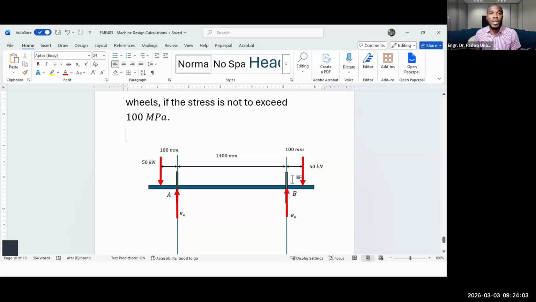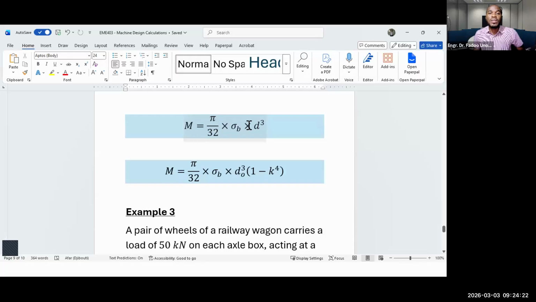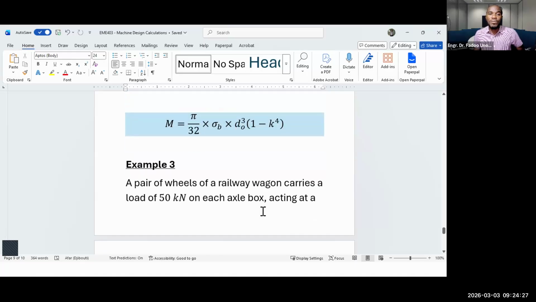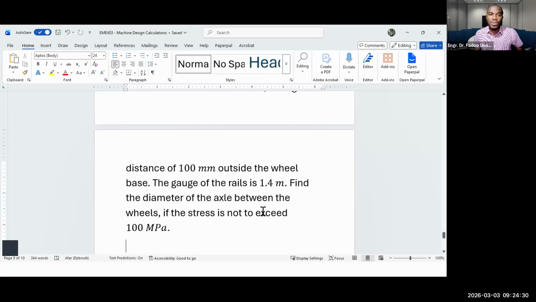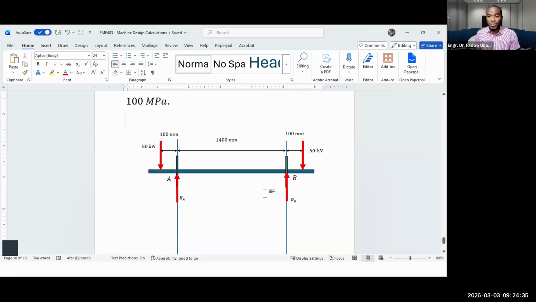And so we would have gone ahead to find where on this body is the maximum bending moment acting, so that we can take that value and then impute it into this equation, and find the diameter of that axle as is required. But we don't know all the forces, so we must find the value of RA and the value of RB.